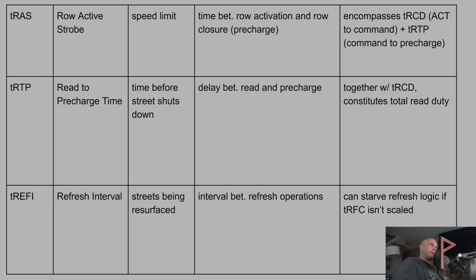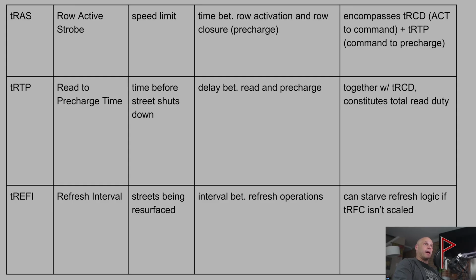And in the analogy, this is the time before the street shuts down. This is the delay between the read and the subsequent pre-charge. So together with tRCD, that should be the read time, total read duty.